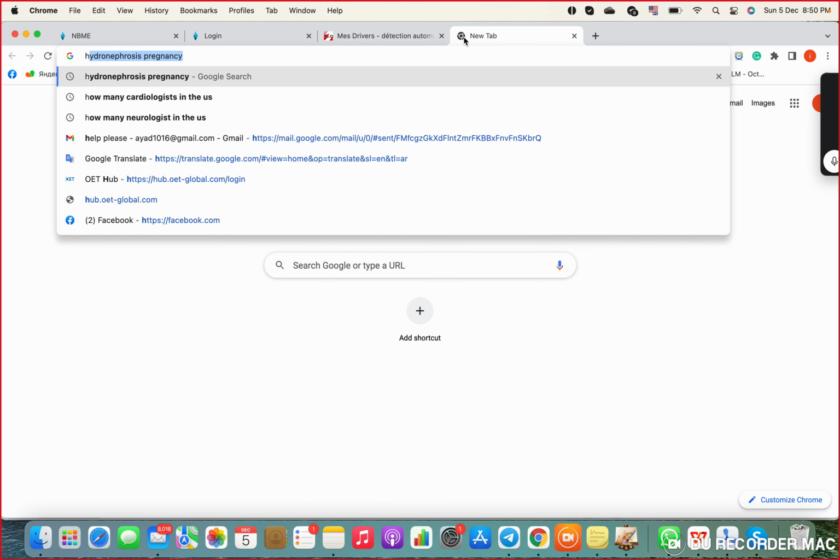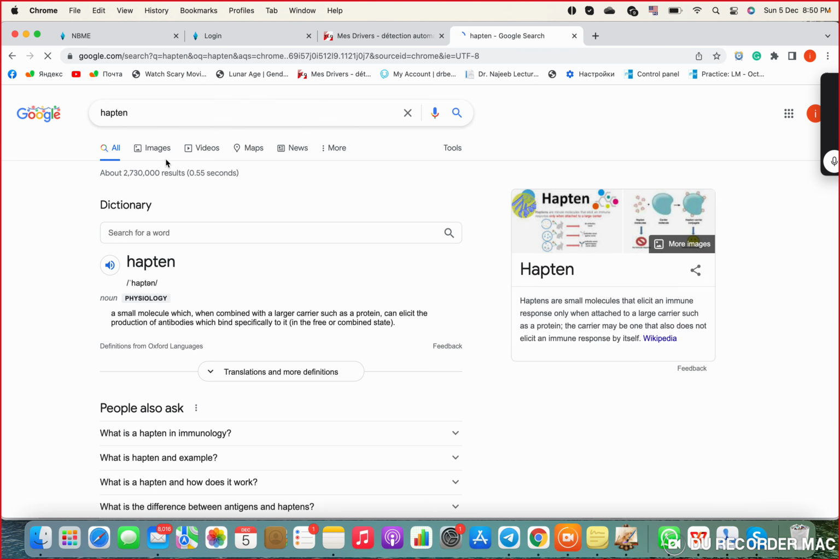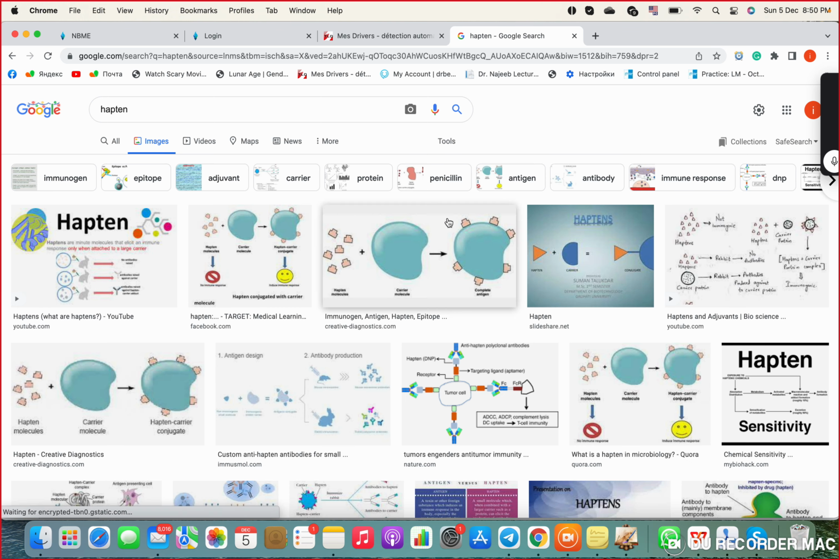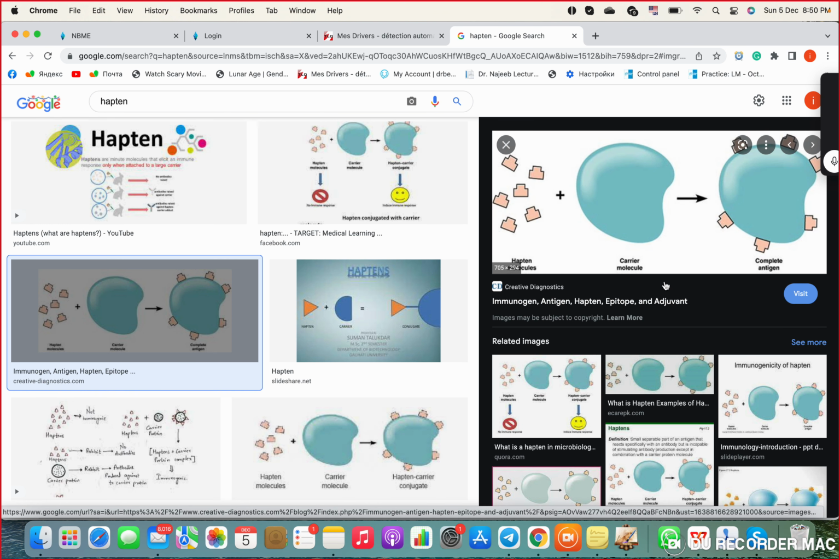They are not antigens, but they can attach to a carrier molecule from your body, and if they attach to your body, they will become antigens. For example, penicillin. Is penicillin an antigen? No, it's not. But if it attaches to something in the body, it can become an antigen. Got it? Yeah, doc.